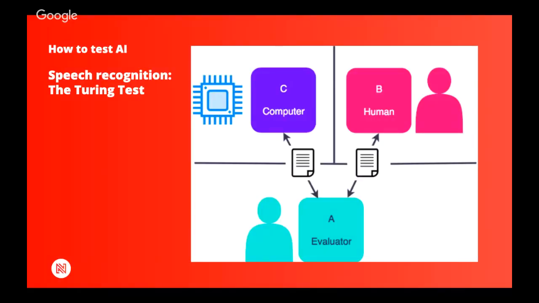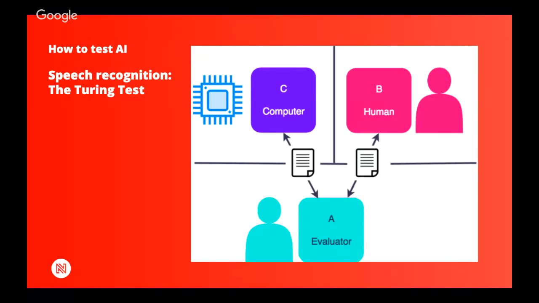And my favorite part, the speech recognition: back to our friend Alan Turing, who stated the first way to test artificial intelligence. And the concept is very simple. We have person A, who is an evaluator, person B, who is another human, and C, who is a computer.